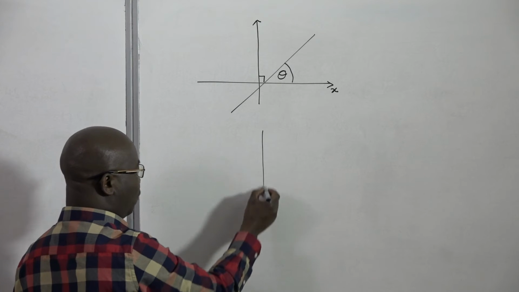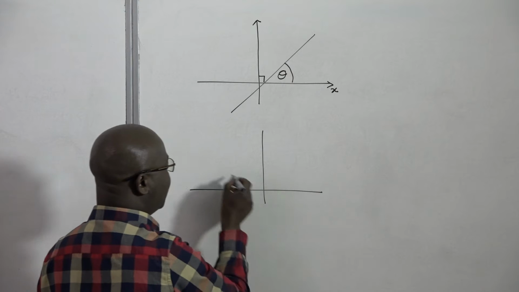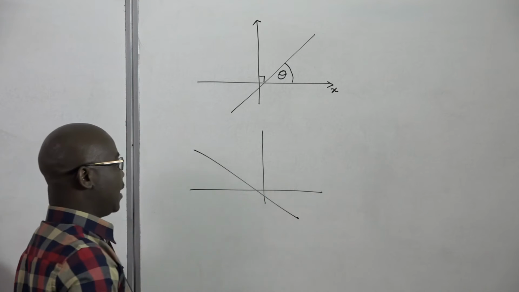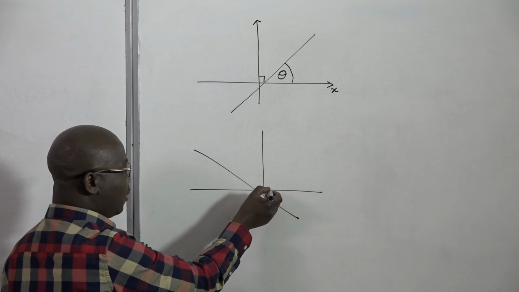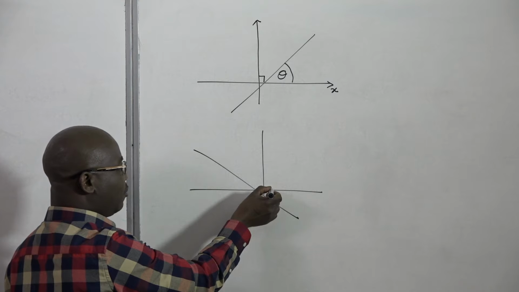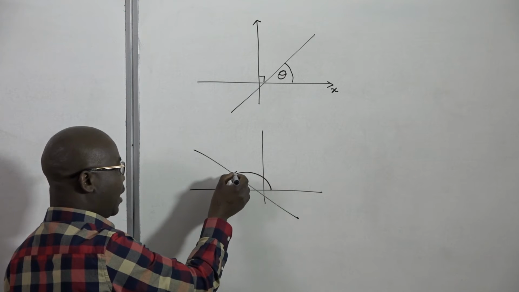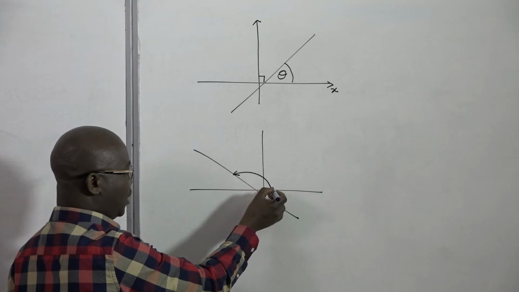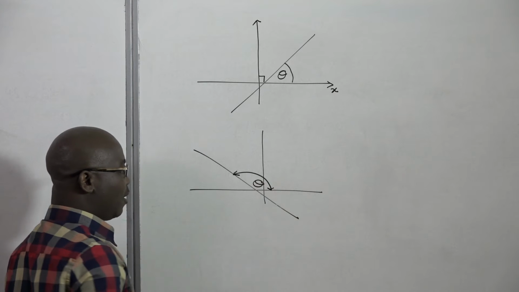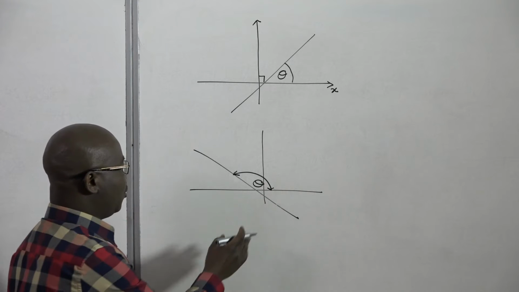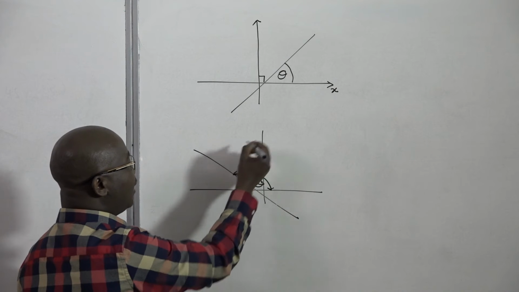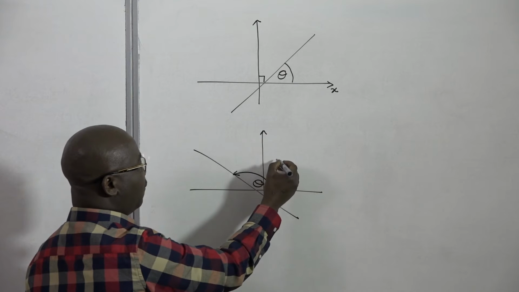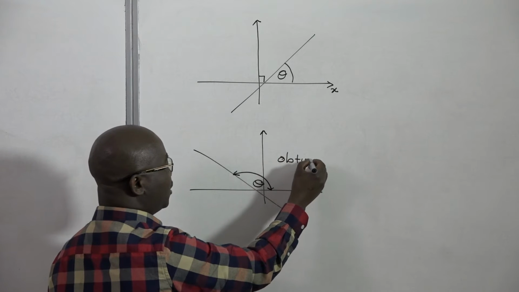Theta can also be obtuse. In other words, I can draw a graph like that. And again, our theta will be measured from the right side of the x-axis to our graph. In this case, you can see that theta is bigger than 90 degrees, and therefore it becomes an obtuse angle.